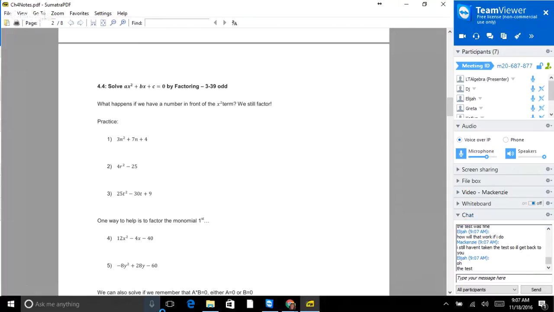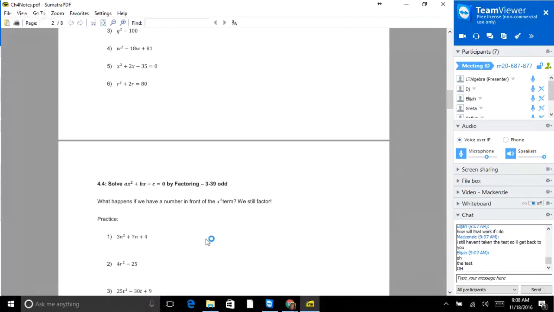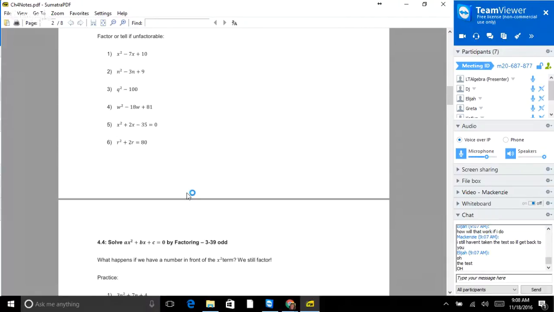All right, so the good news about 4.4 is that it's pretty much no different than 4.3. In 4.3, remember, all the problems were quadratic equations. A quadratic equation means that we have a squared term, and it's in the form ax squared plus bx plus c.